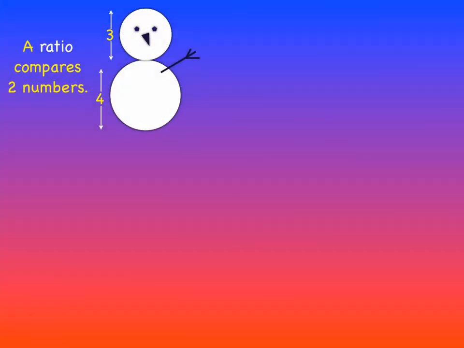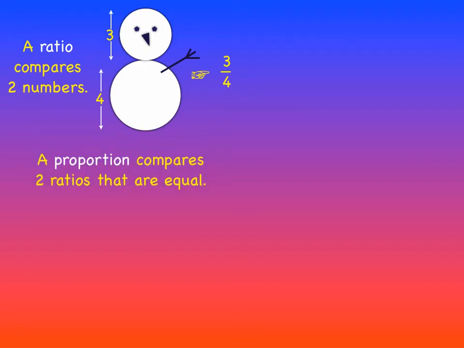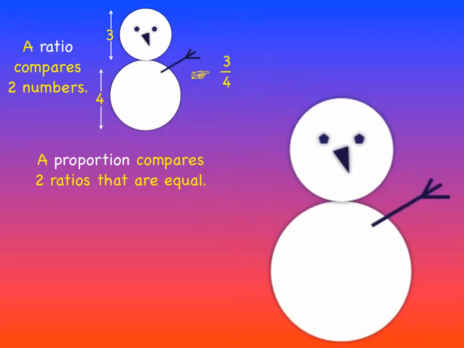A ratio compares two numbers. For example, the ratio here of head to body is 3 to 4. A proportion compares two ratios that are equal. Now we've enlarged the snowman, and now the head is 6 and the body is 8. Let's look at the 6 to 8 ratio.